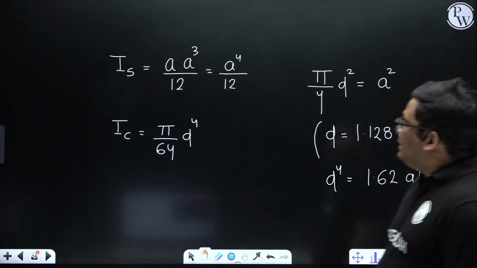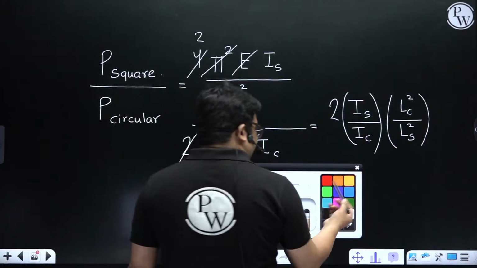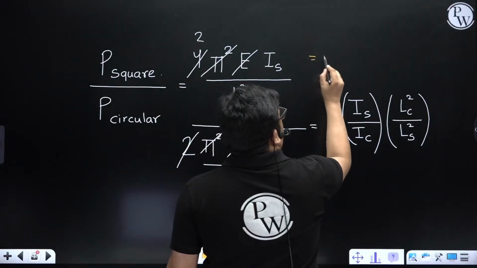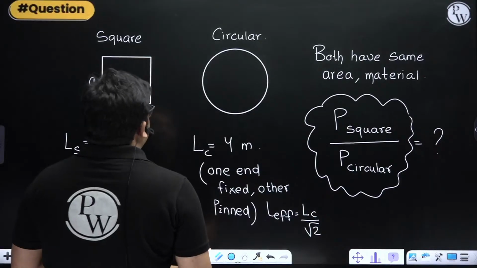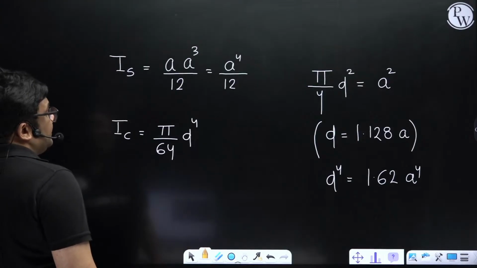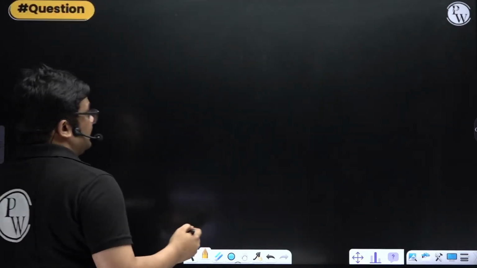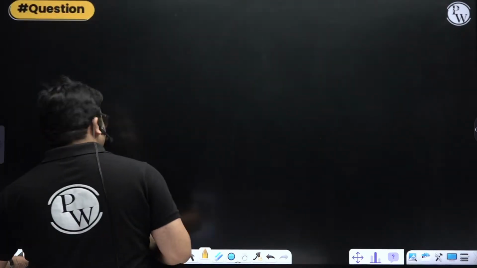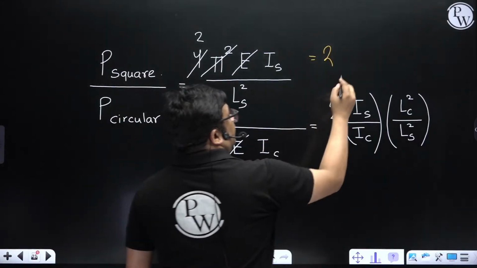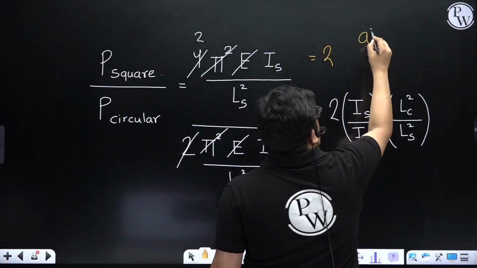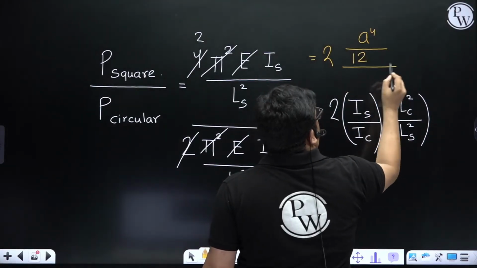Very nice. So when I take the ratio IS by IC, IS we have got is A to the power 4 by 12.